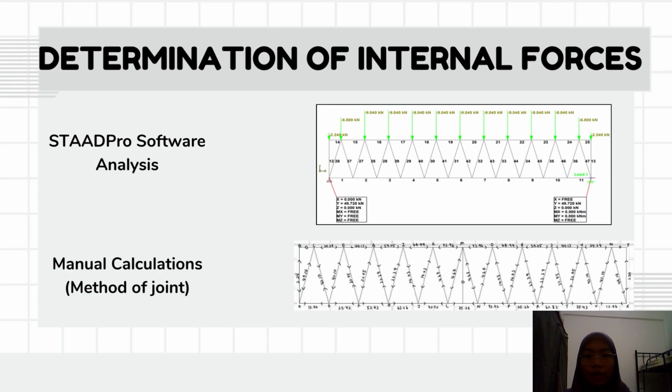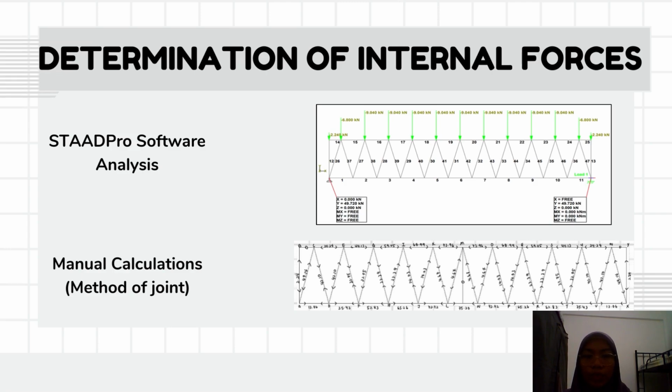For these studies, we use 2 analyses, which are the STAAD.Pro software analysis and also manual calculations. Firstly, we calculate the load transfer to the truss using manual calculations, and the load we use in STAAD.Pro and also in manual calculations to determine the internal force.